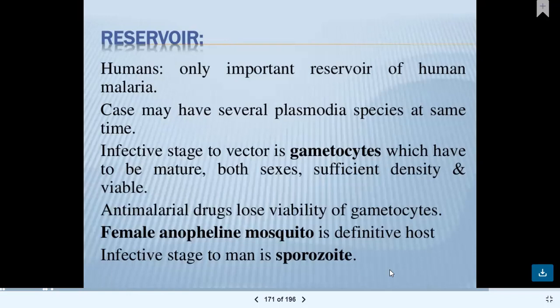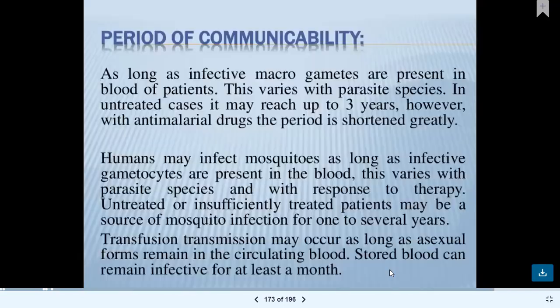Anti-malarial drugs reduce the viability of gametocytes. The female Anopheles mosquito is the definitive host, and the infective stage to man is the sporozoite. That must be remembered and is very important as far as your examinations are concerned.